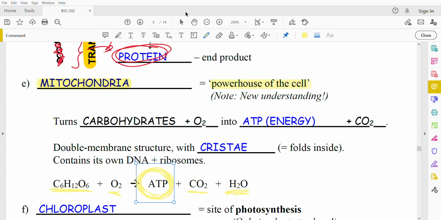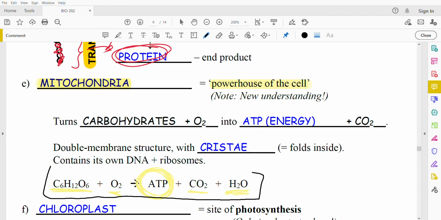So if you think, this is all that your body does, this is what being alive is all about. You take sugars, you need oxygen, and that makes energy. As a waste product, carbon dioxide and water.